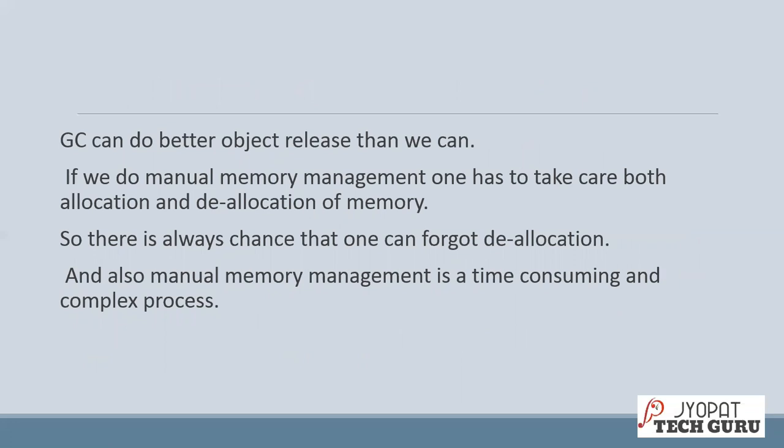If we do manual memory management, one has to take care of both allocation as well as deallocation of memory. So there is always a chance that one can forget the deallocation part, and also manual memory management is a time consuming and complex process. So it is better that the .NET Framework is doing all the memory management. It can handle it better than manual memory management.